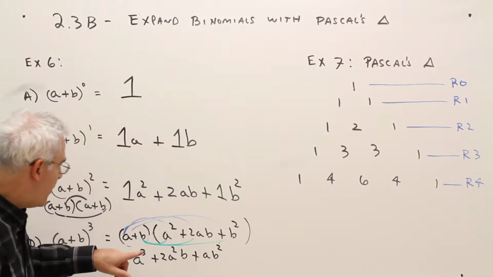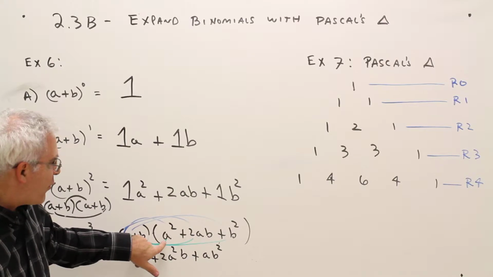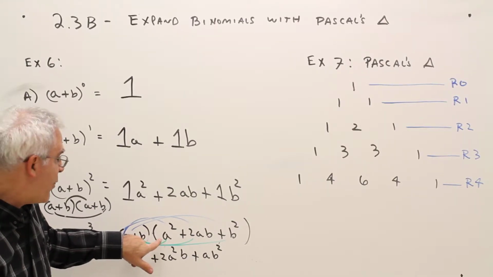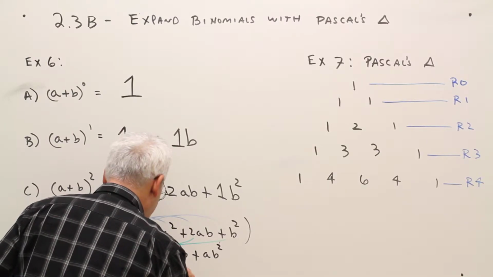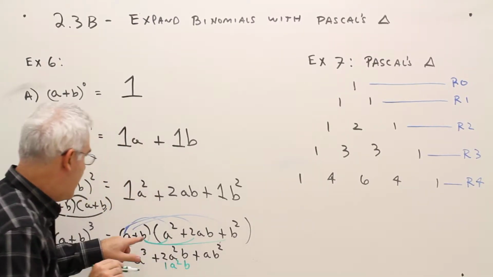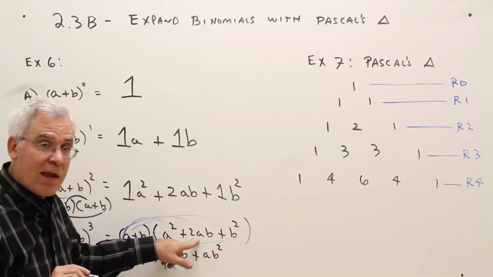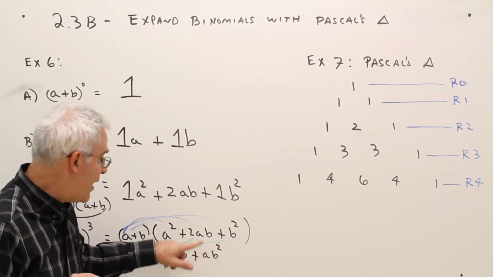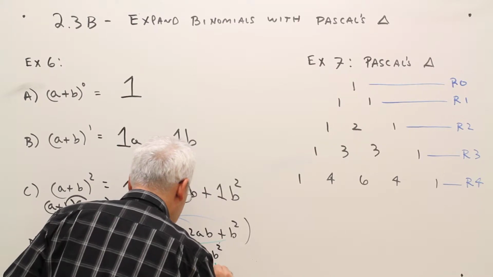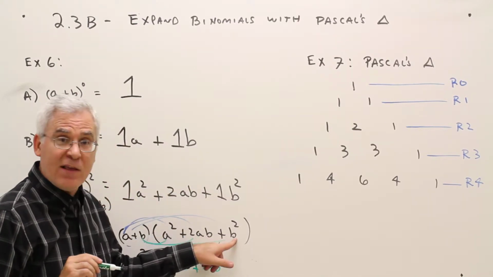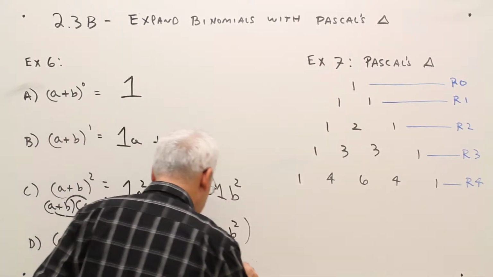All right, so instead of saying ba squared, I'm going to call that a squared b, and put it in that column there. So 1a squared b, b times 2ab, 2ab squared, I'll put it in that column right there. And then b times b squared is b cubed.